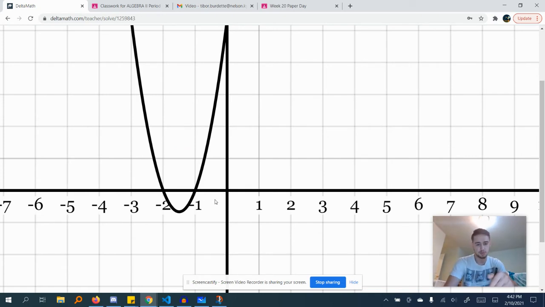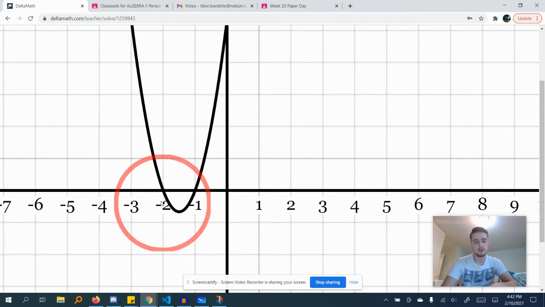So we have a root at x equals -1, meaning we have a factor of x plus 1, because -1 plus 1 is equal to 0. And that's what we see here.